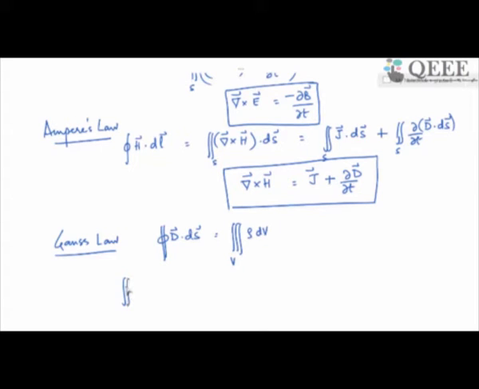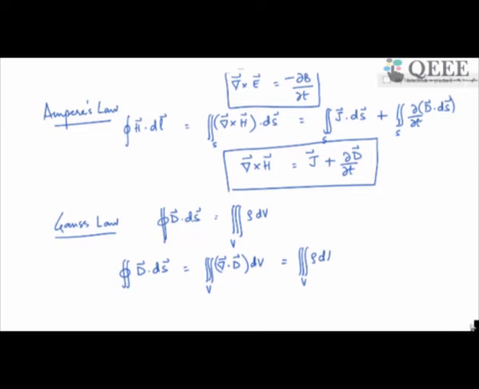I apply Gauss theorem: D dot ds surface integral is nothing but the volume integral of divergence of D dV, and your right hand side is the volume integral of rho dV, which means your divergence of D is equal to rho.